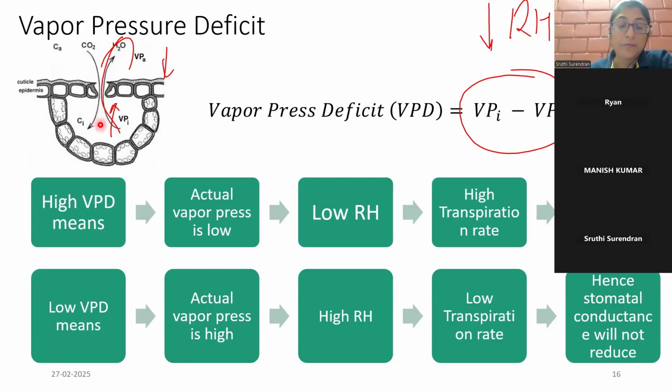But excess of water cannot be lost. Transpiration should happen, but it should not be allowed to an extent where the plant is going to lose water immensely, and it is also having to balance the carbon dioxide concentration uptake.